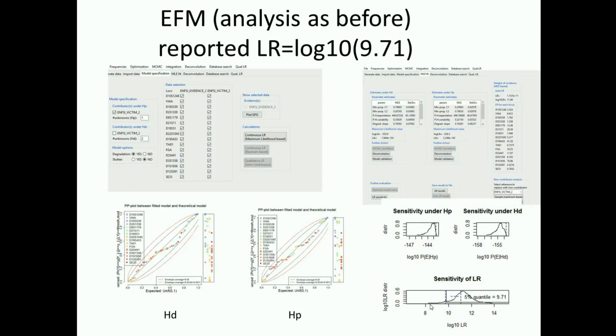We analyse the data, and we can see that the 5% quantile equals 9.71, which is actually extremely close to what we achieved when we conditioned on the suspect. So in common with what we found with ENFSI exercise 1, the conditioning doesn't make very much difference to the likelihood ratio using EFM, because the results, as you can see, are comparable to each other.